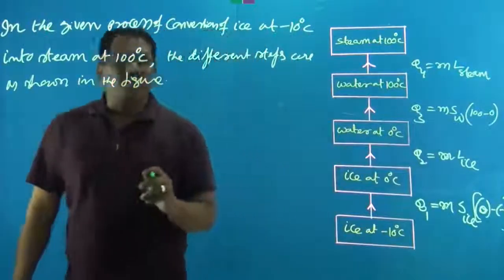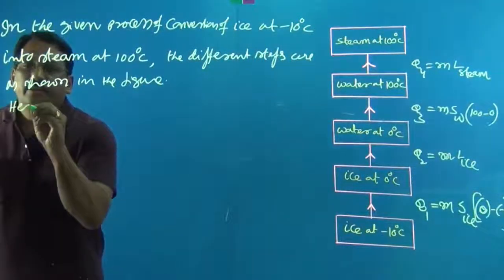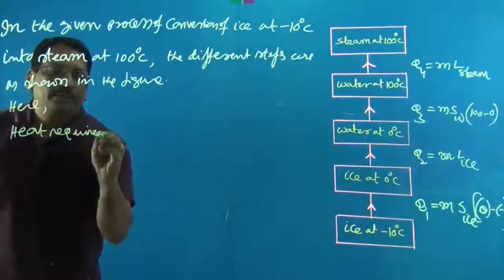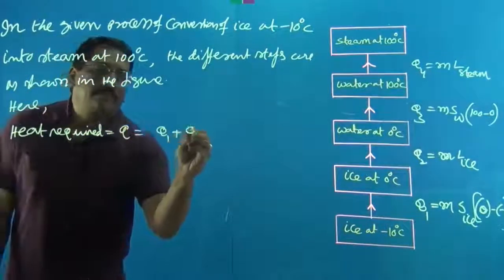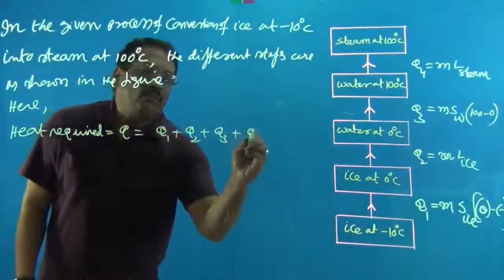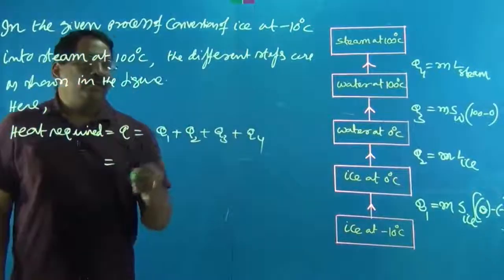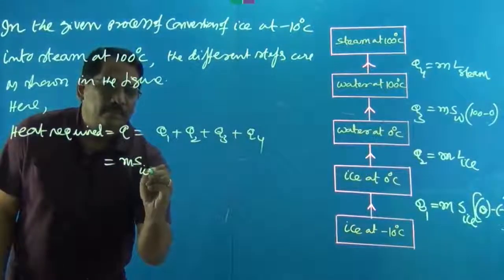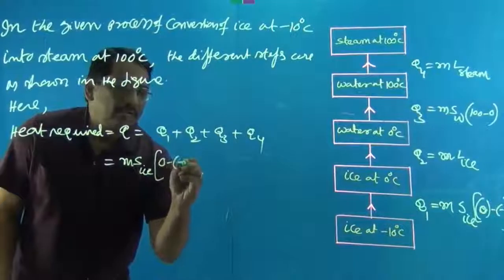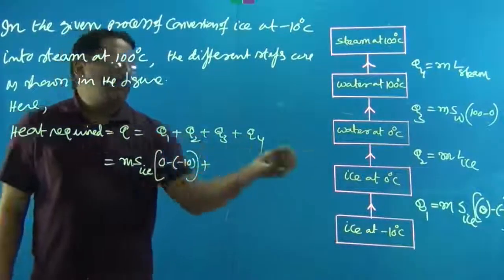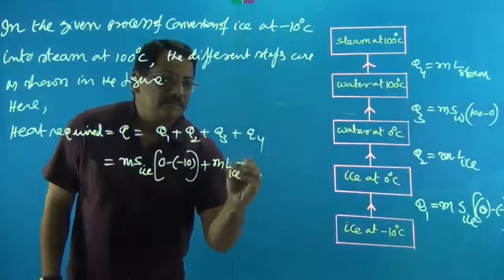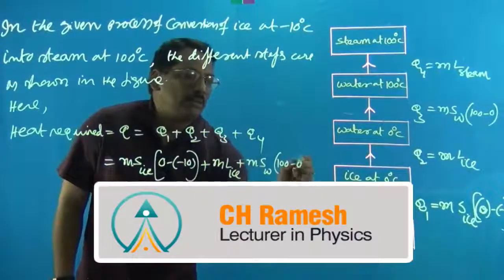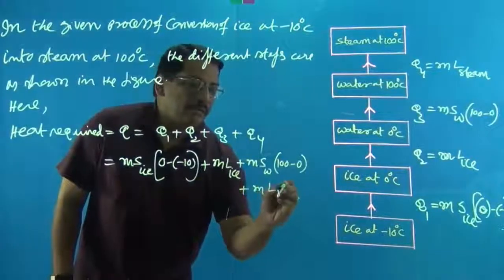So let's write all this in our equation. Here the heat required, Q, is equal to Q1 plus Q2 plus Q3 plus Q4, which is equal to, let us first substitute by formula: m into specific heat of ice into 0 minus of minus 10, plus Q2 which is m into latent heat of ice, plus Q3 which is m into specific heat of water into 100 minus 0, plus m into latent heat of steam.